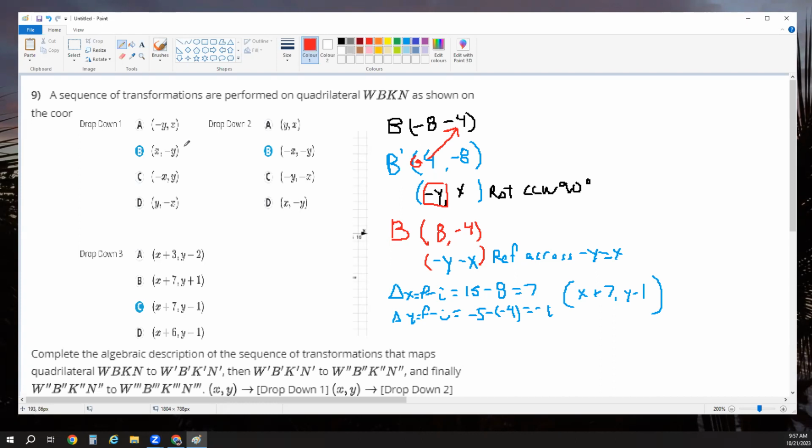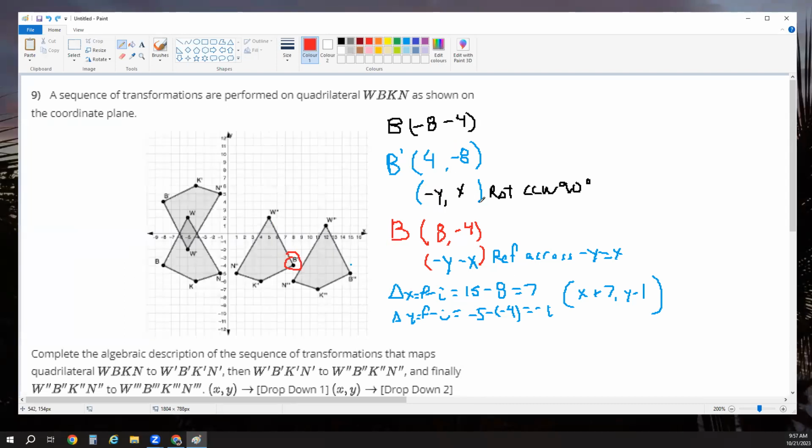I'll have to go back and look at that one and see where I made a mistake. I'll have to see what happened there. Let's do that now. See where the mistake was made.